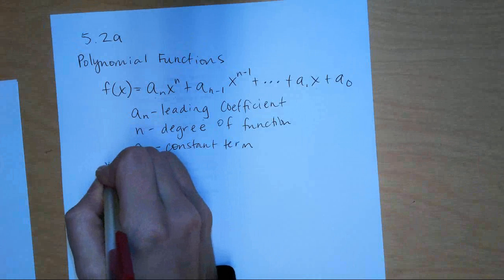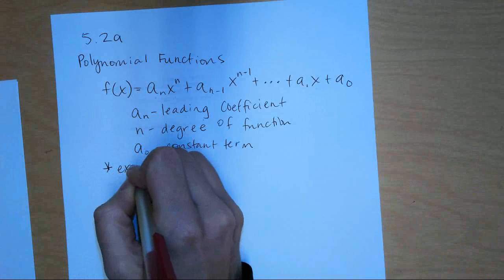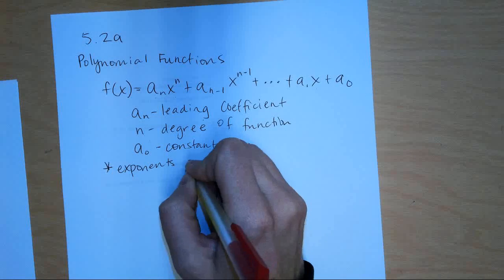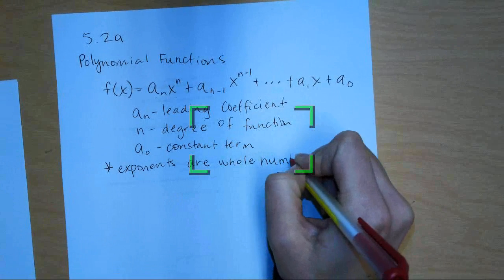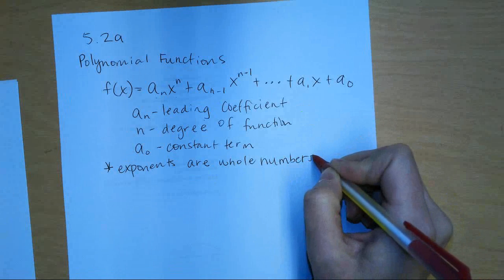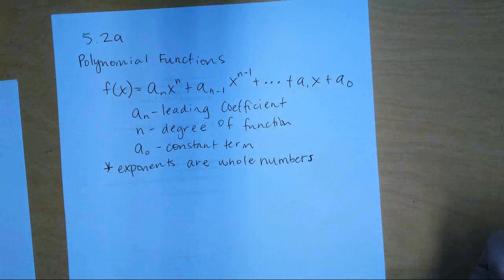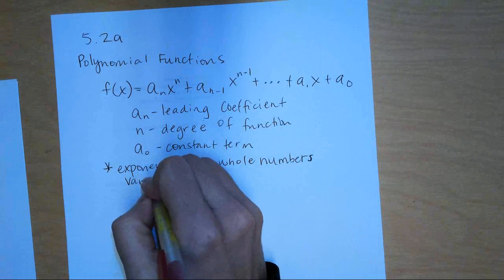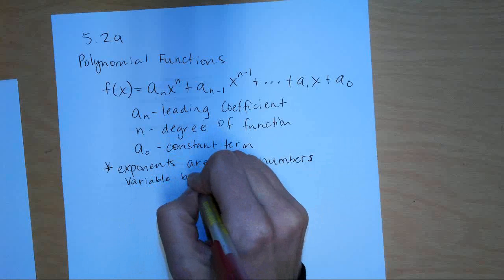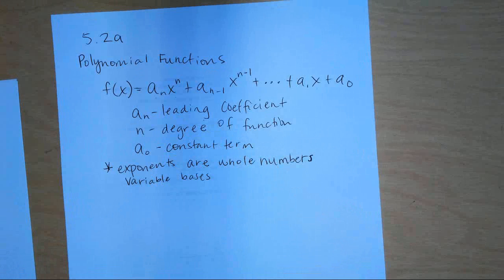The biggest thing to know is that the exponents are whole numbers. And they all have variable bases. So when we think about an exponent, you have a base and an exponent, right? 2 to the 3. 2 is the base, 3 is the exponent.